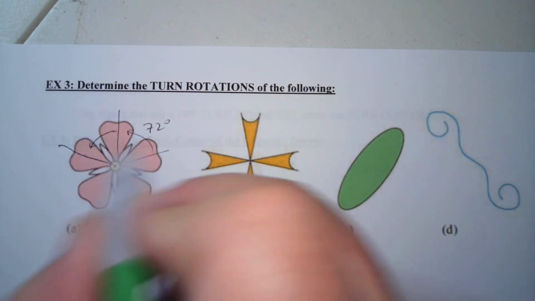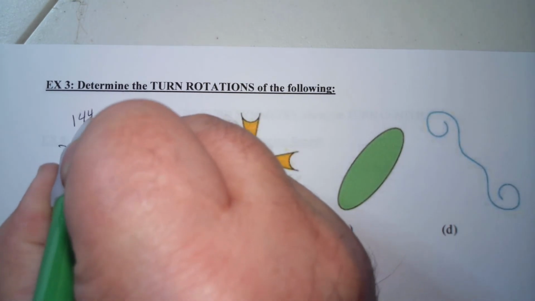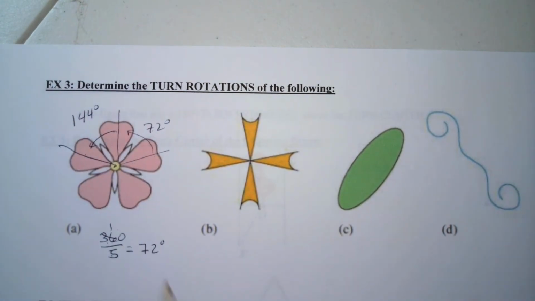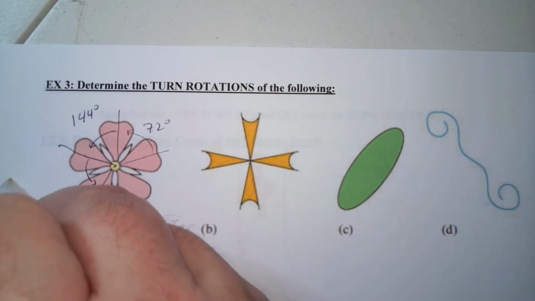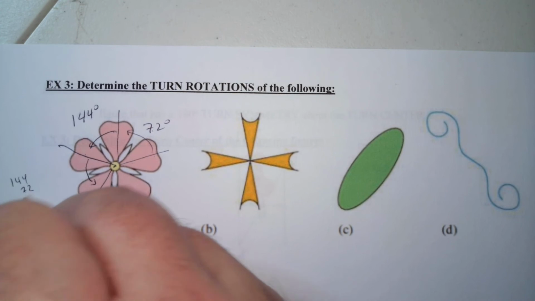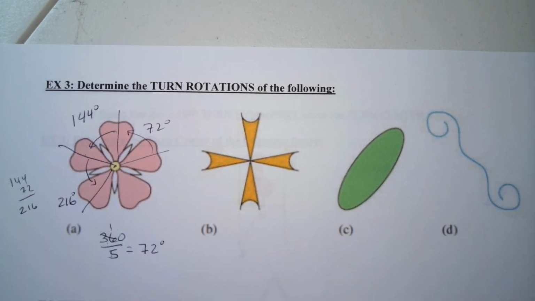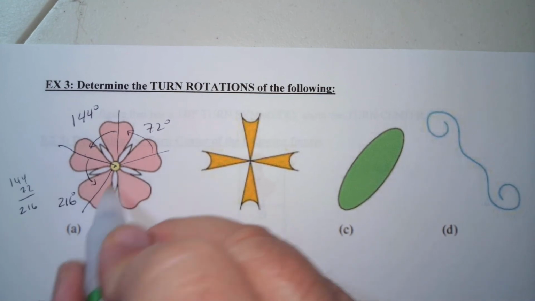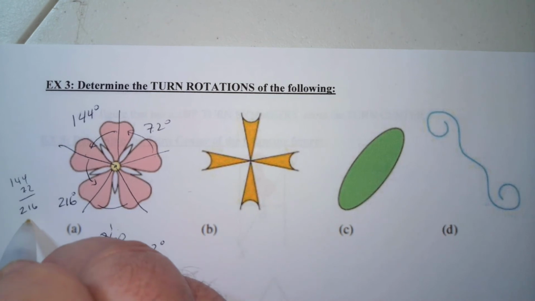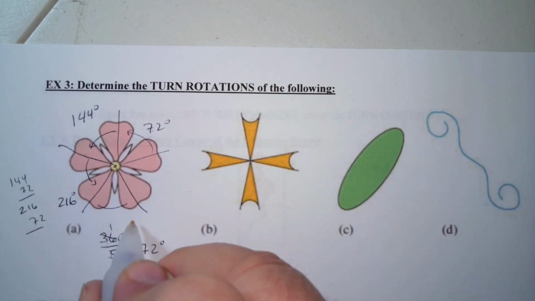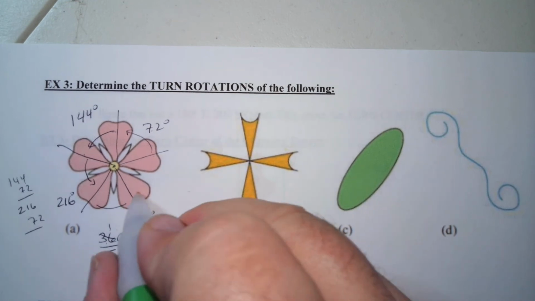From this one to this one, 72 plus 72 is 144 degrees. From this one to this one, 144 plus 72 is 216 degrees. And then we have another one. 216 plus 72 is 288 degrees. And the last one goes back to the original.